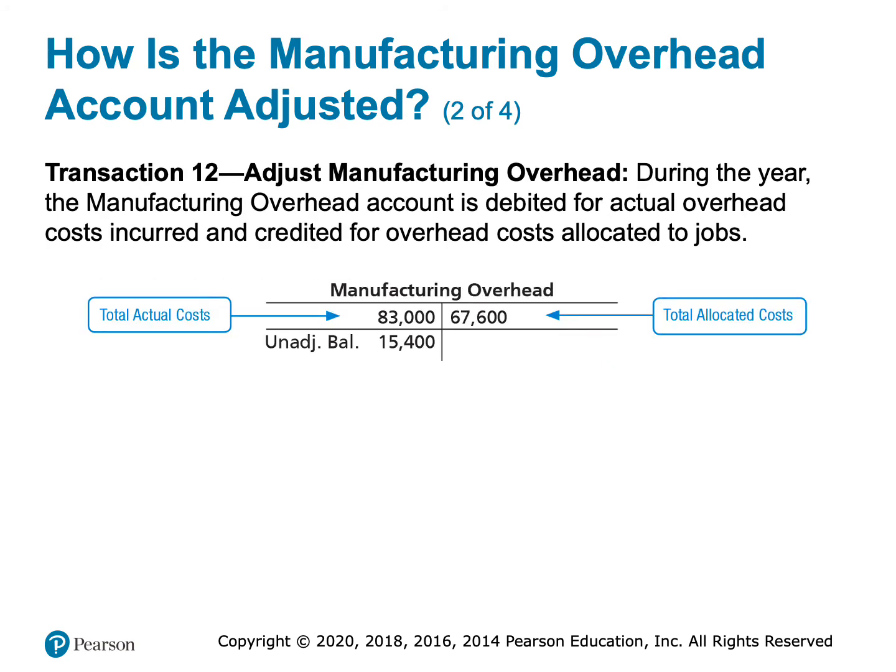So in our example, again, we had a debit balance, so that means we had under allocated. We had not allocated enough. We should have allocated 83,000. We didn't. We only allocated 67.6. So what this means is when we completed our jobs during the year, we only applied 67,600 of overhead to those jobs.